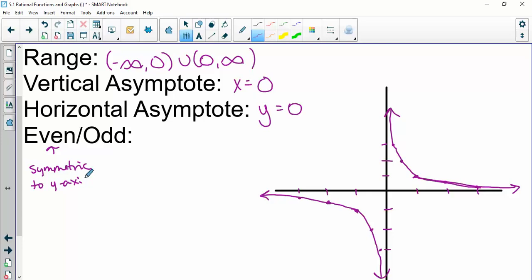If I flip this thing over the y-axis, does it overlap itself? No. Odd means symmetric to the origin. Remember, that meant you had to flip over the y and the x. If you flip over both of those, would it overlap itself? Yes. So this is an odd function.